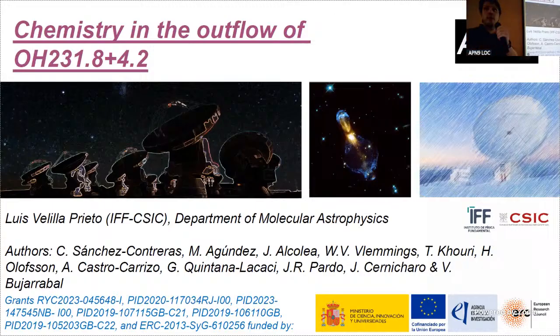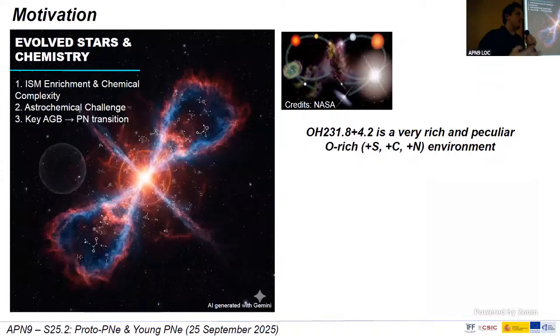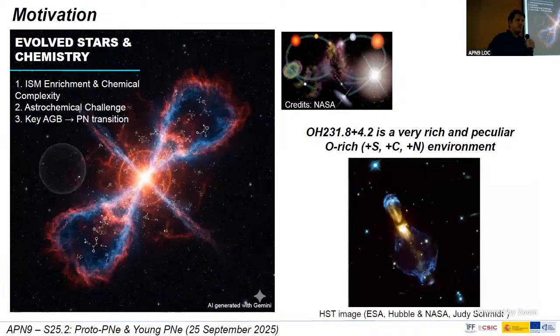Good morning, everyone. First, thanks to the organizers for giving me the opportunity to present our work. Let's start with an AI-generated nebula, just for fun. We are lucky in the evolved star community, because nature provides us with very beautiful objects that we see in the sky that probably no machine can build.